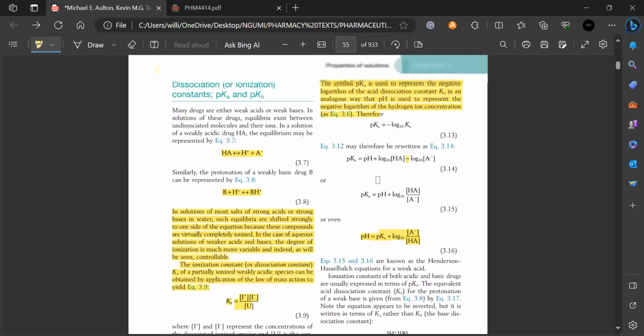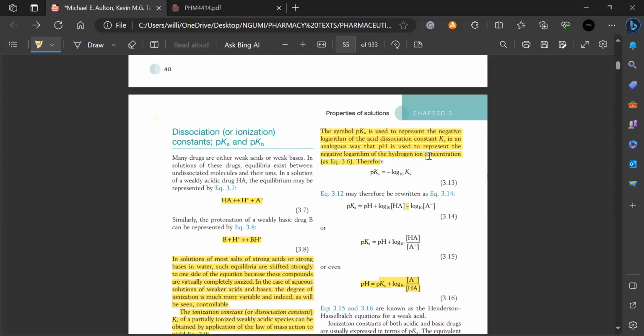Okay. So as we have said, p is negative logarithm. So pKa is equal to negative log 10 of Ka.